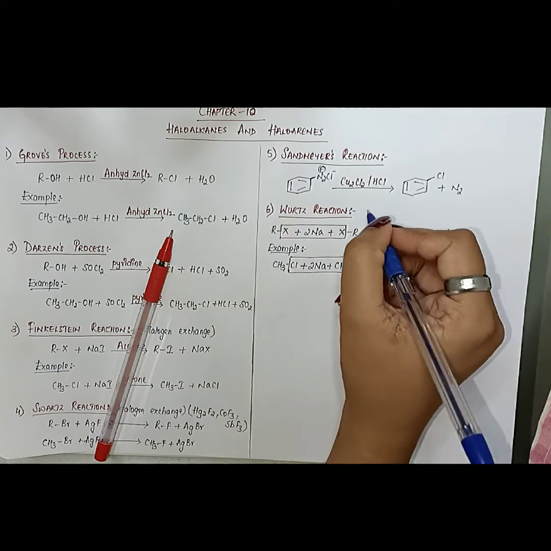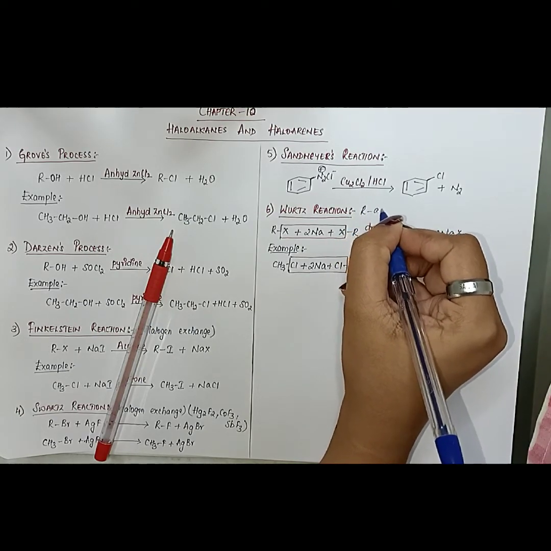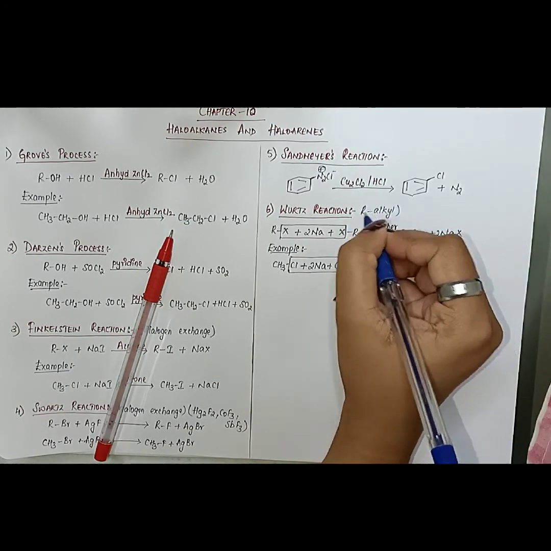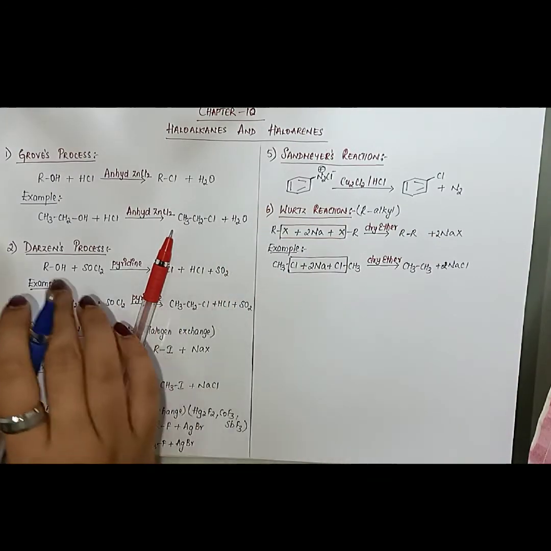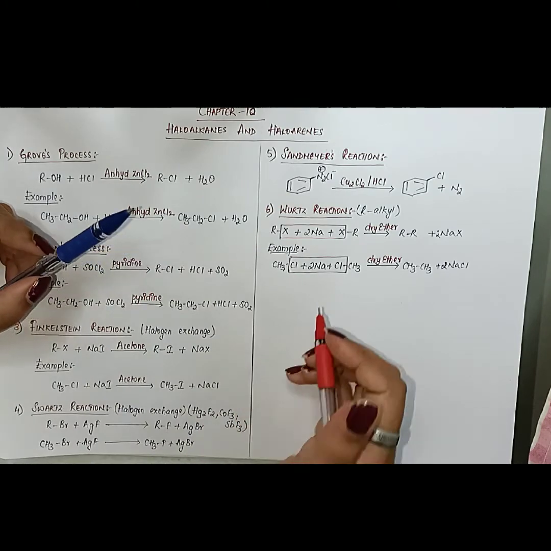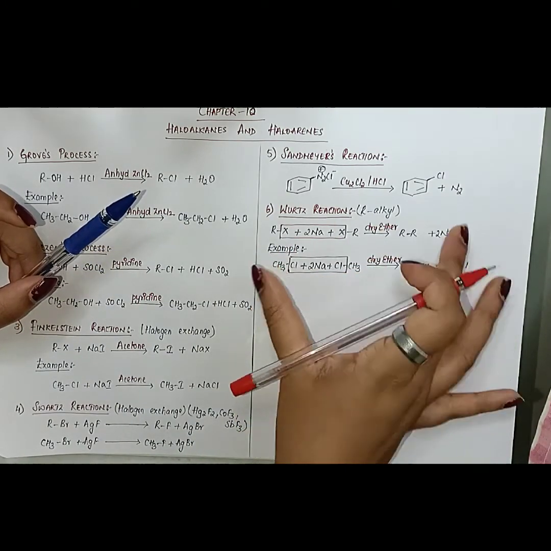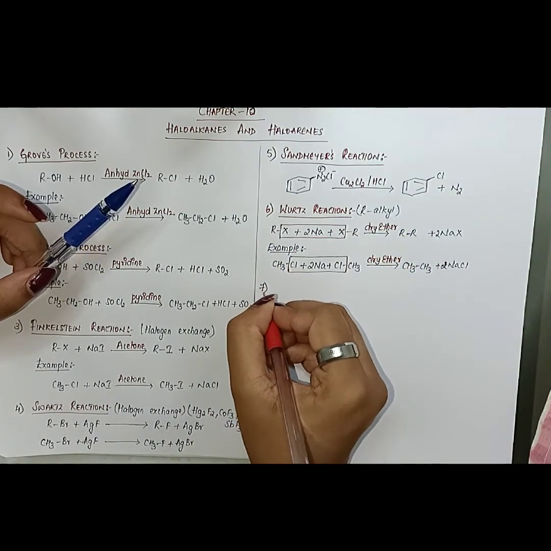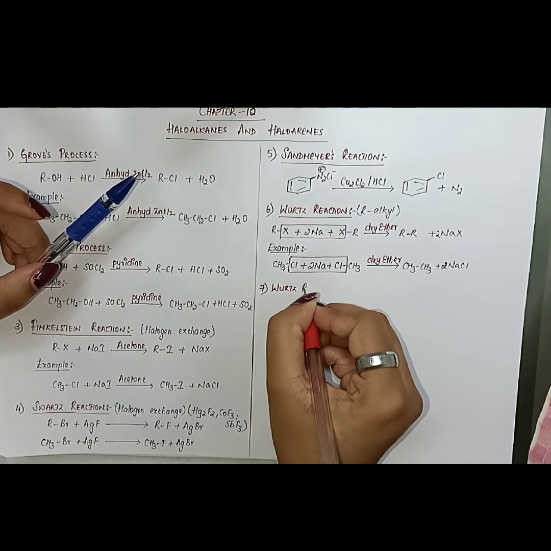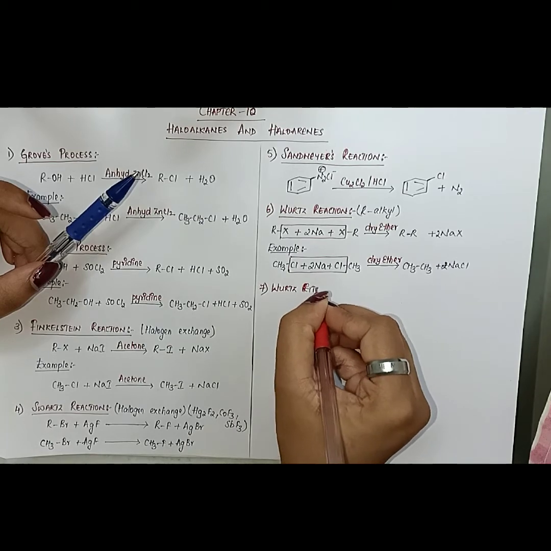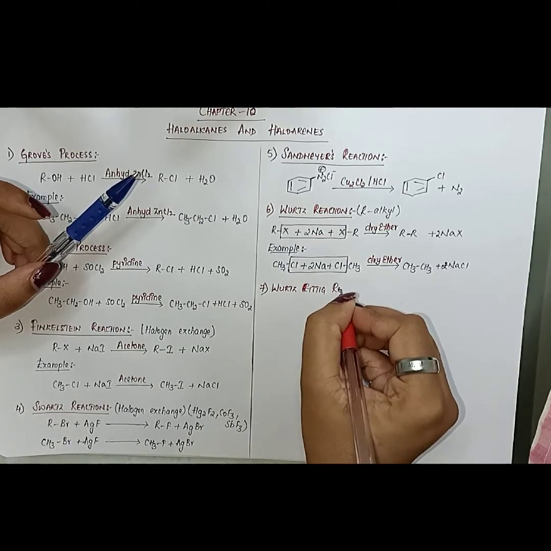So here you can just make a note, R should be alkyl group always. Alright, so now we will move on to the next one. Another variation of the same equation, and that's going to be Wood-Fittig reaction.